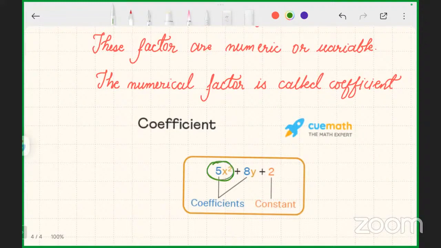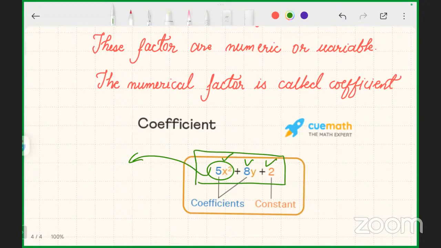Should I draw the diagram? Just write it down, that would be good. Okay, let me just explain first. So what are we talking about? Let's say this is an expression, and this expression has various terms, and these terms have various factors.